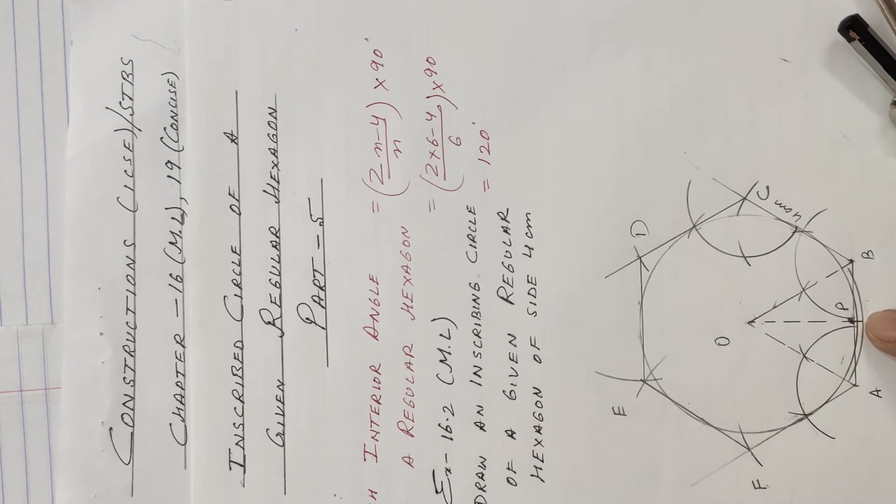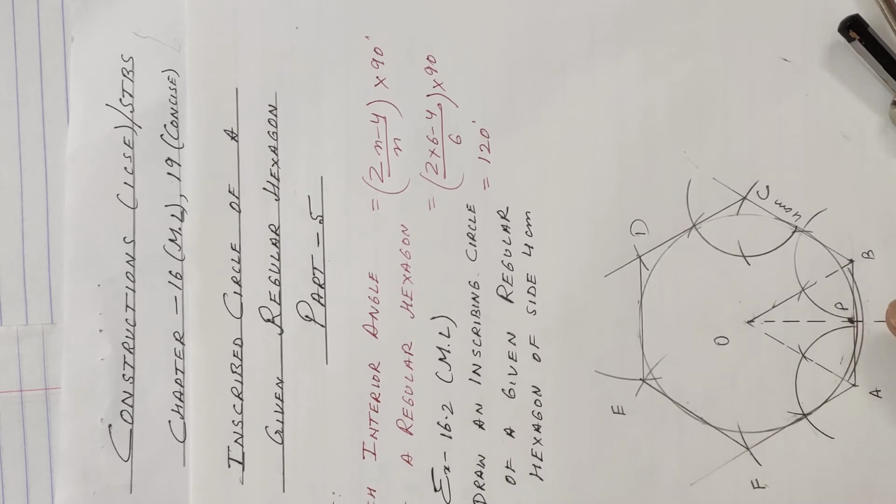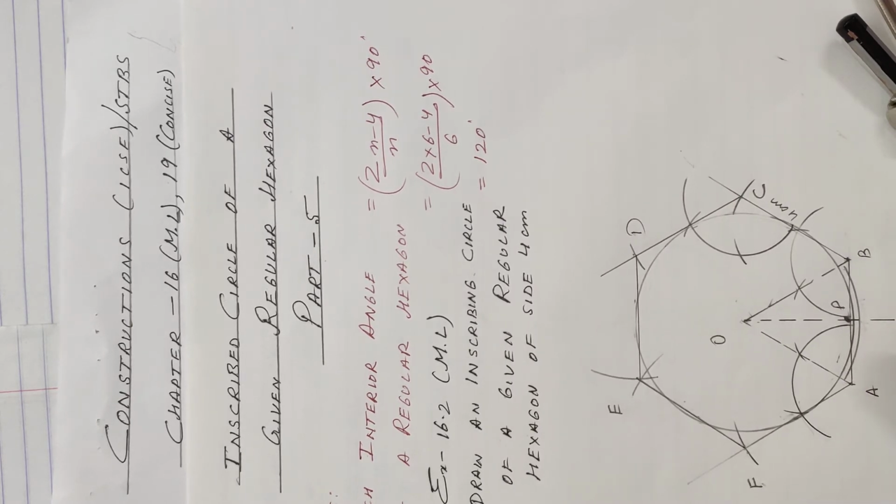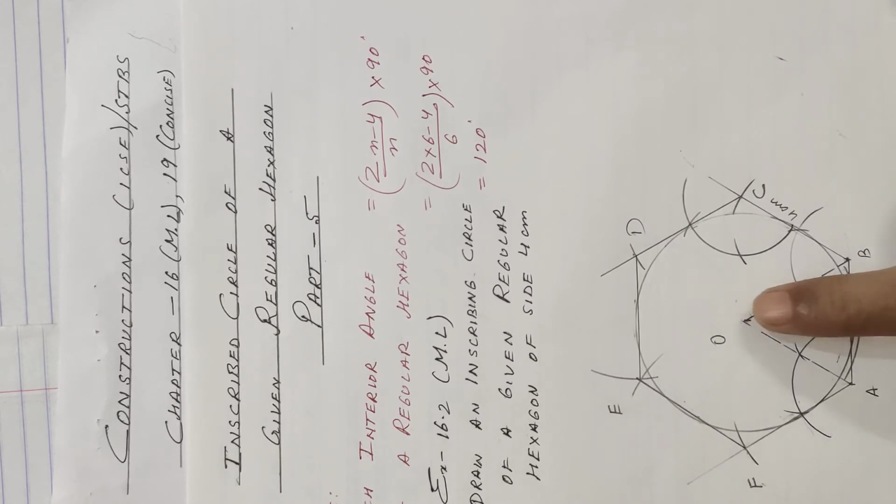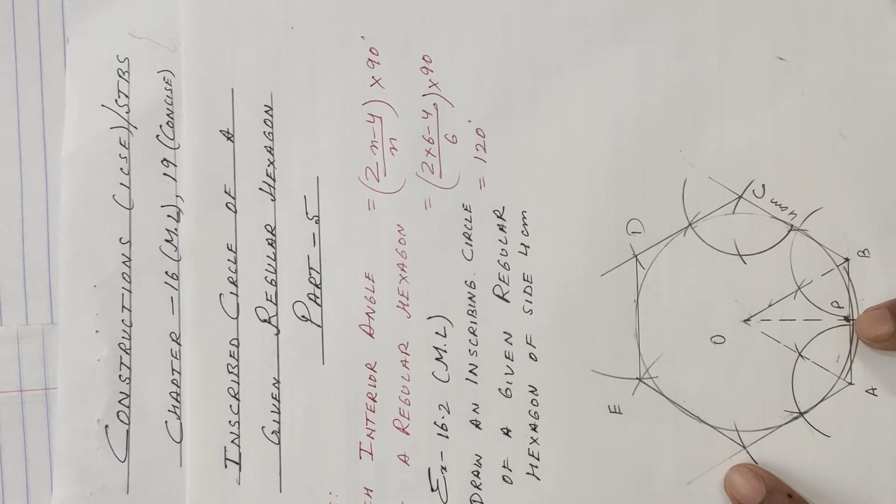I should have taken a little smaller radius, so I could have got a better circle. Okay, so this is how. So I hope you have understood the method. When you take the radius, you have to be a little careful.